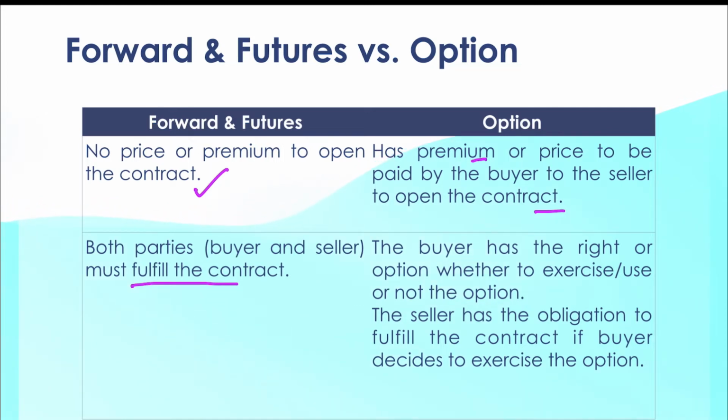So the seller cannot force you to use the option. If you don't want to use the option, it's okay, you pay at the market price. But if you want to use the option, the seller will fulfill the contract. Can you see the difference between forward and options?